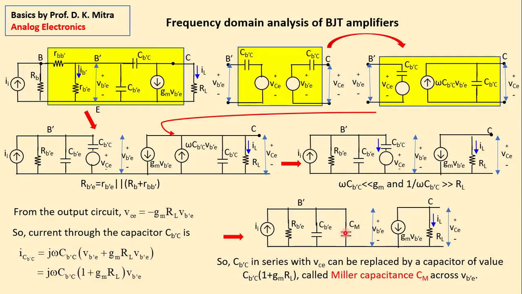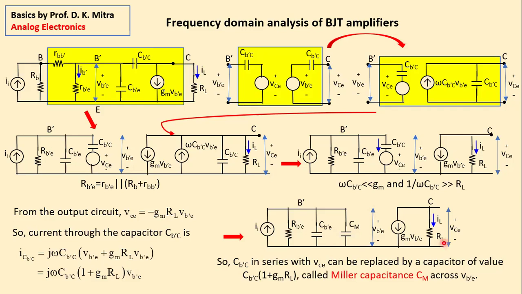You cannot really recollect all these equations. What you can recollect is that if the base-collector junction capacitance is reflected into the base-emitter side, then this new value of capacitance is called the Miller capacitance of the BJT.